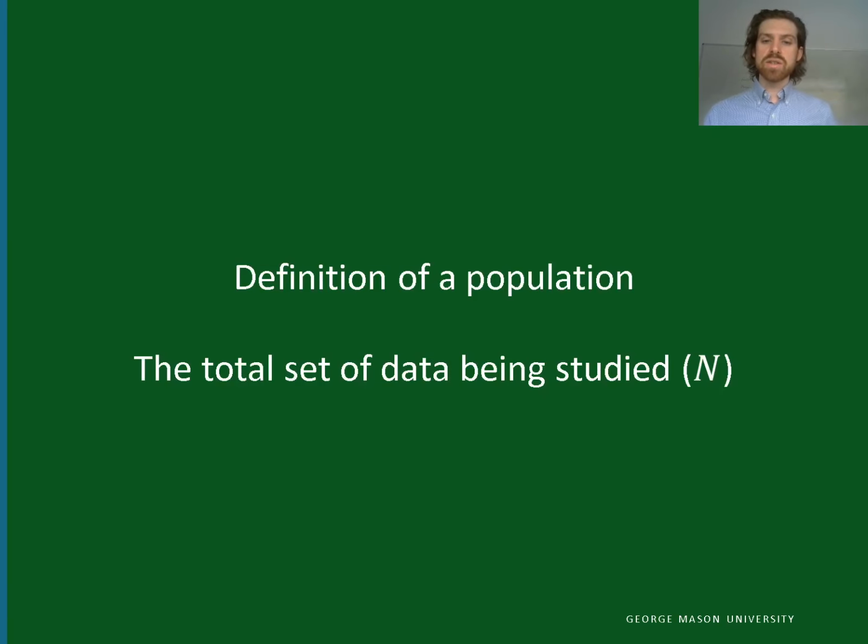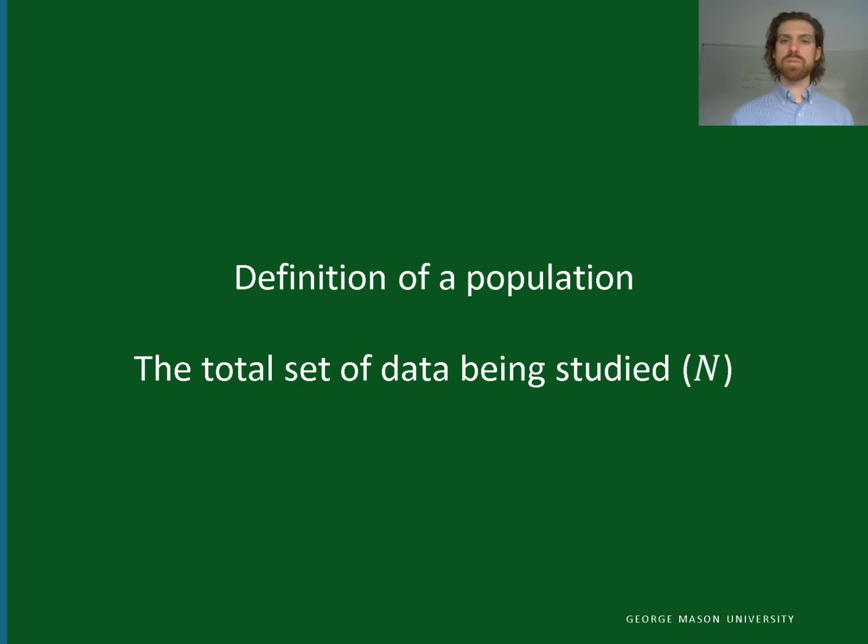What do we define as a population? Well, this is the total number of entities that are possible to be studied. So, for example, if we say we want to carry out a study on the city of Fairfax, we have a boundary around the city of Fairfax, then all of the individuals that live within that boundary in the city of Fairfax, well, that would be the population, okay?